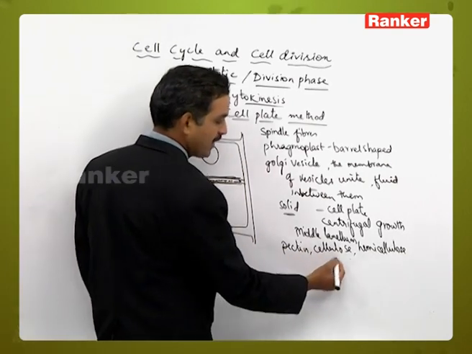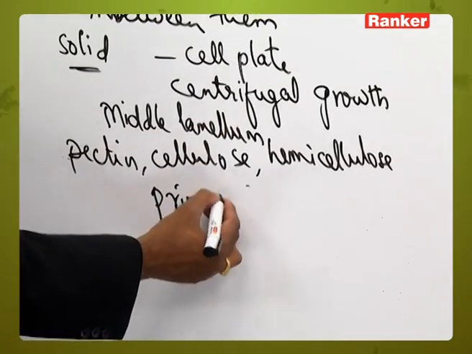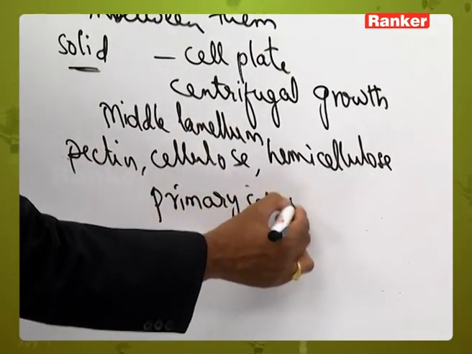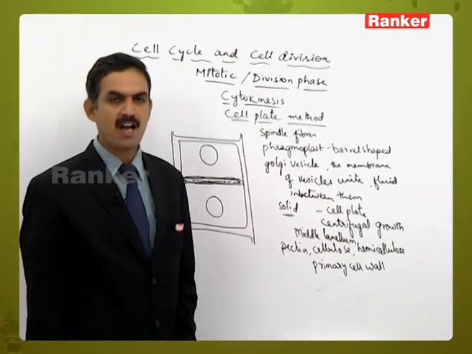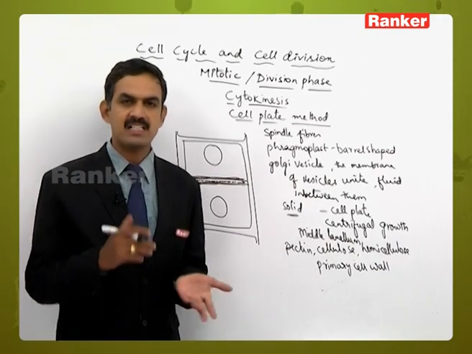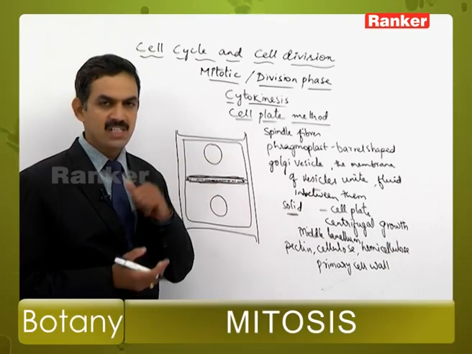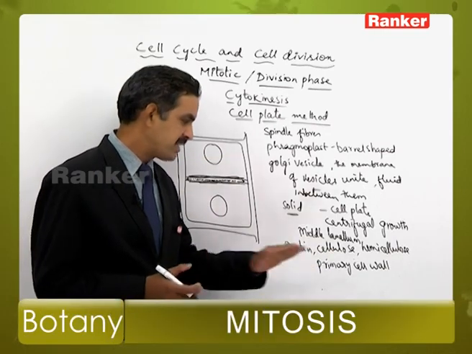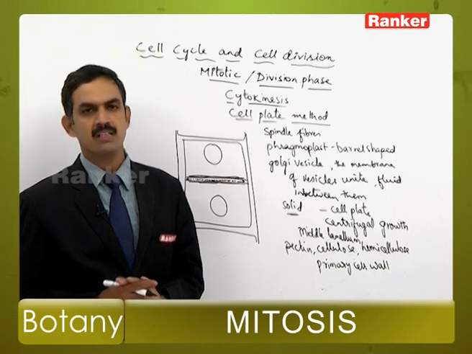As and when the cellulose, hemicellulose and pectin have been formed, we call that the primary cell wall material. By the formation of the primary cell wall, we can consider that the cell has been divided into two daughter cells. The secondary cell wall is formed when the cell matures or becomes older. That is not the stage where the cell is divided, but as and when the primary cell wall is formed, we can consider that the cell has been divided into two daughter cells.